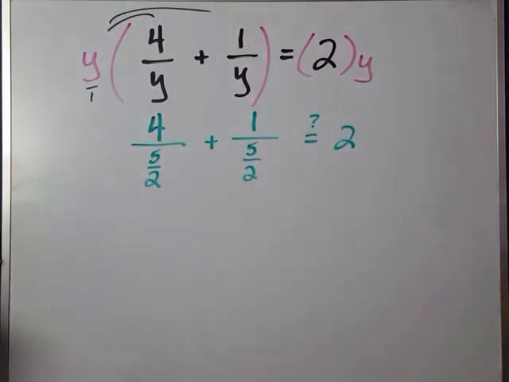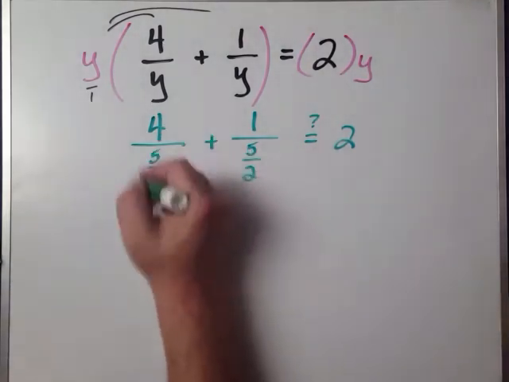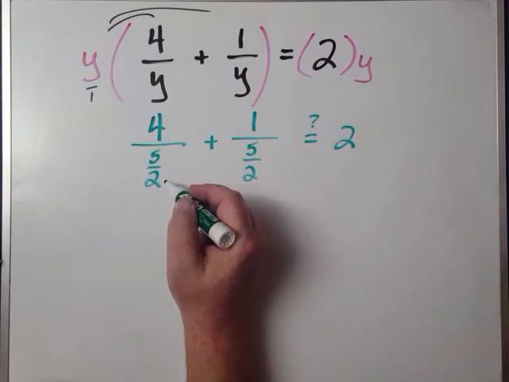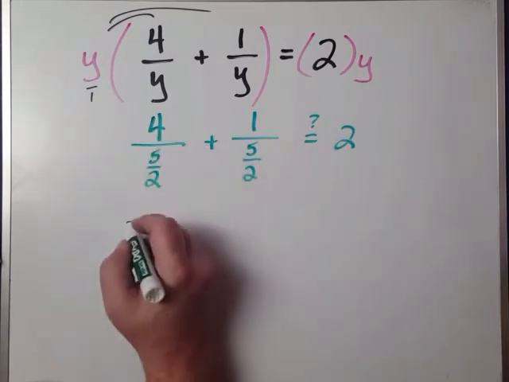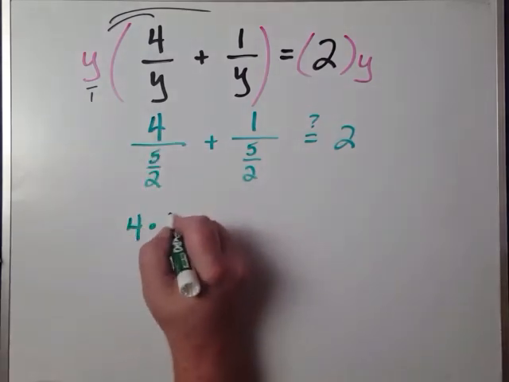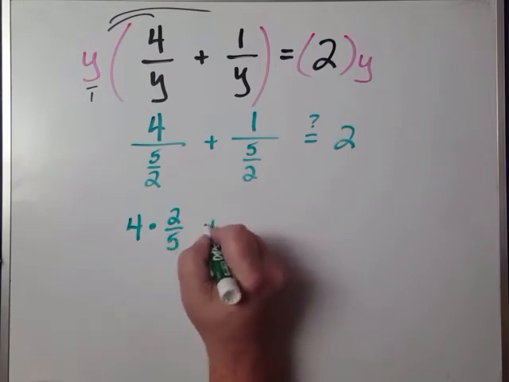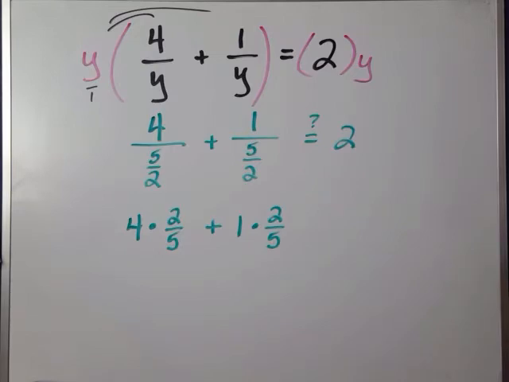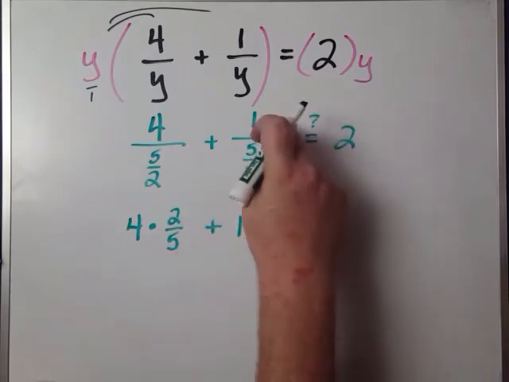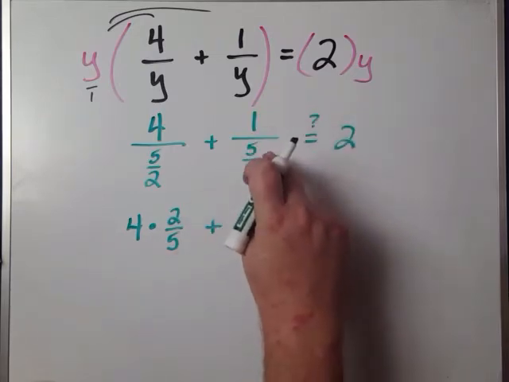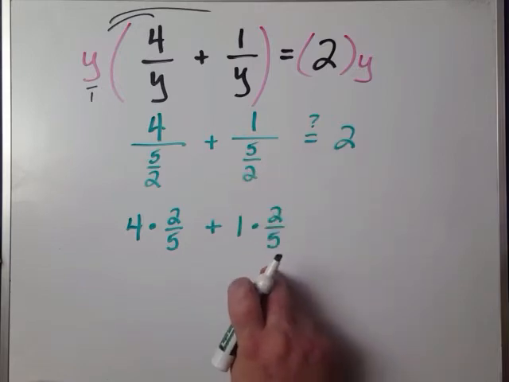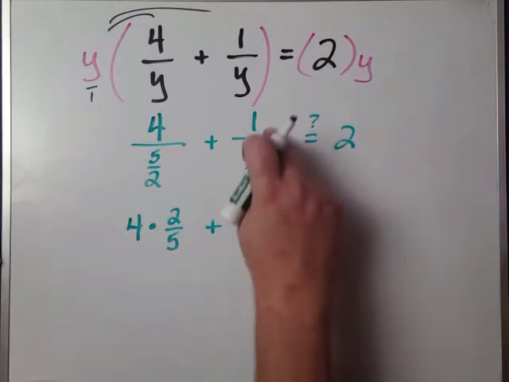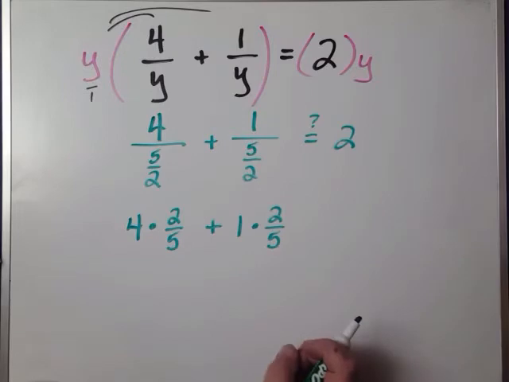To divide fractions, we flip and multiply. This is just a complex fraction where I'm going to flip and multiply. So we've got 4 now times 2/5 plus 1 times 2/5, or we could just say 1 over a fraction is just its reciprocal, right? 1 over 5/2 just means the reciprocal of 5/2.